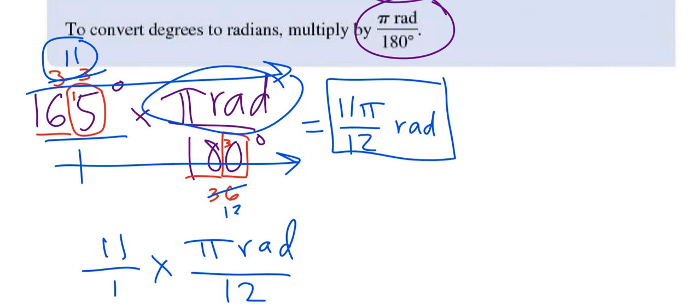Well, I don't understand what radians are. It's a unit, folks, just like inches or centimeters. It's not a variable, okay? It is a unit. What does it measure? It measures the interior angle.